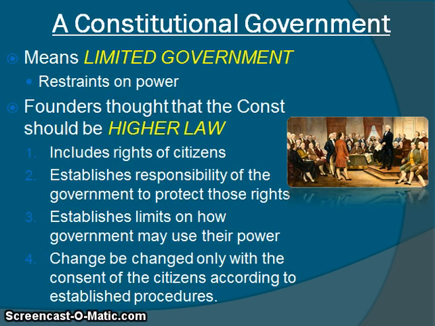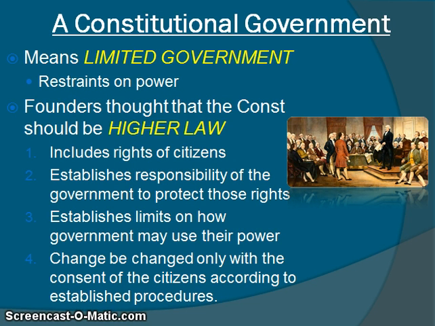But here's essentially what a constitutional government is. A constitutional government means that it is a government with limits. The government does not have all power. The government has some restraints on power, it has some denied powers, and it acts as what's called higher law. Just because a country does not have a written constitution does not mean that it's not a constitutional government, and vice versa.